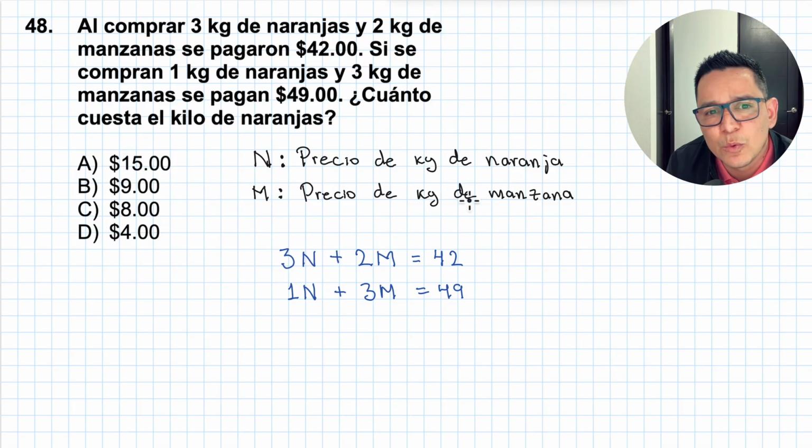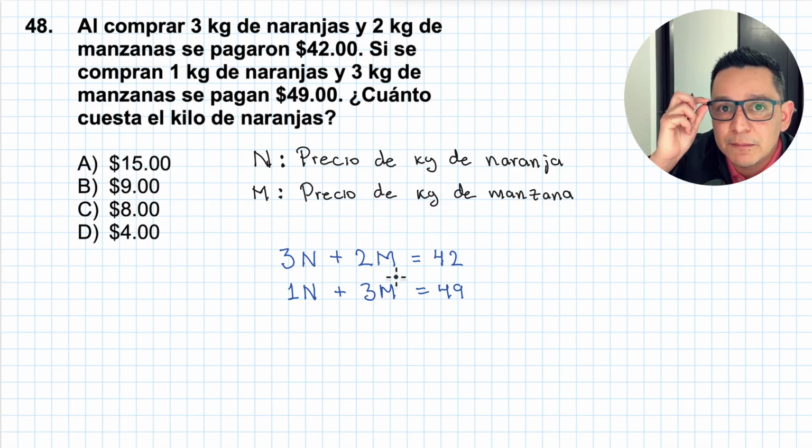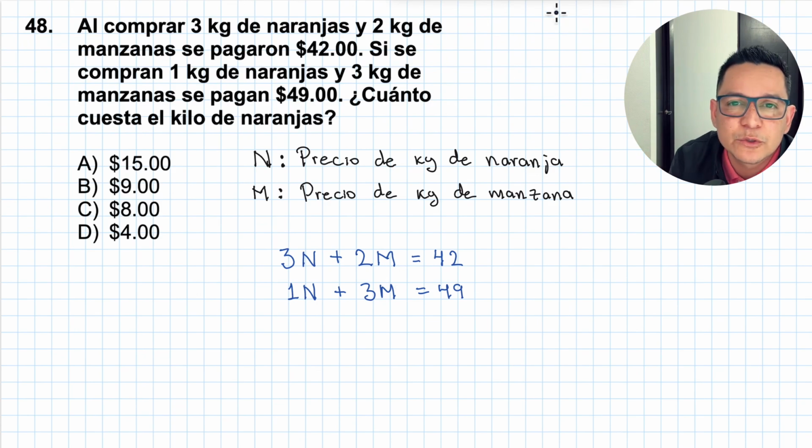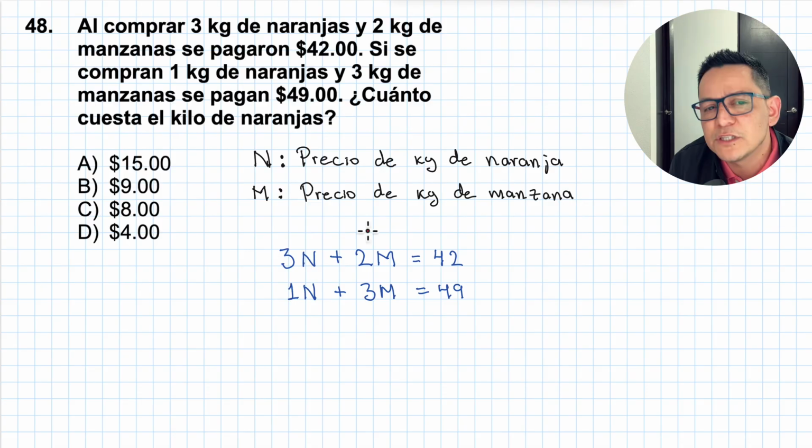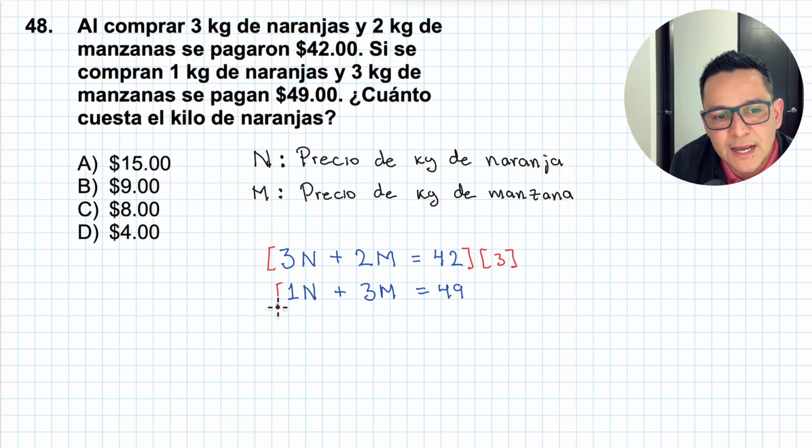Since I want to calculate N, I should eliminate the M's. In this case, I'm going to use the reduction method, also known as the addition-subtraction method, because I think it's simpler. I'm going to multiply both sides of the first equation by 3, and both sides of the second equation by 2.